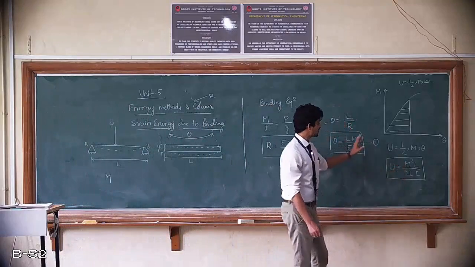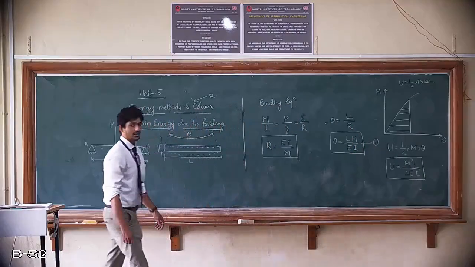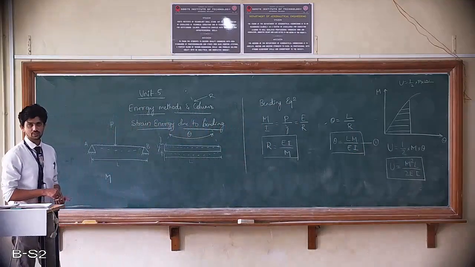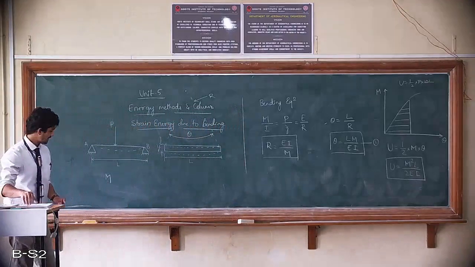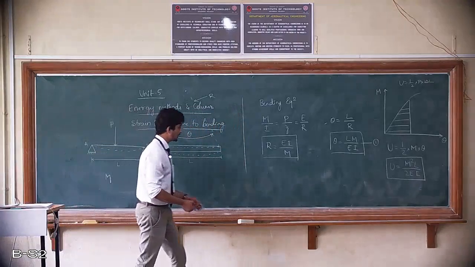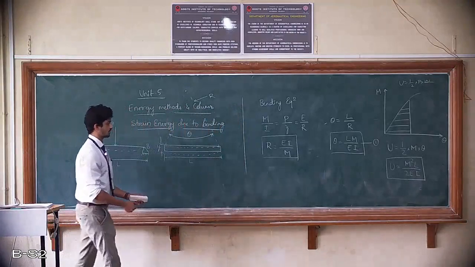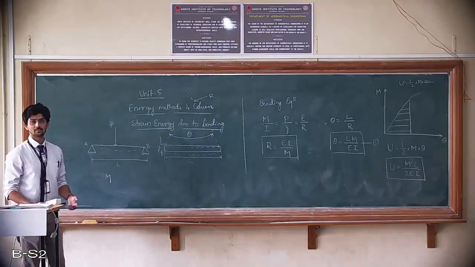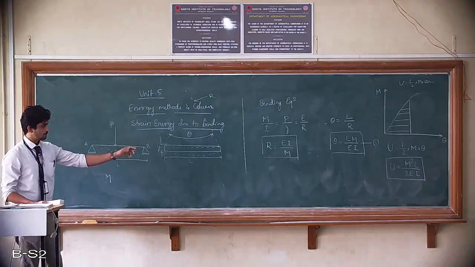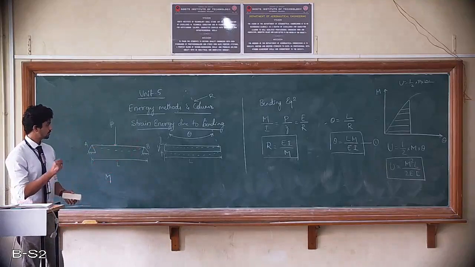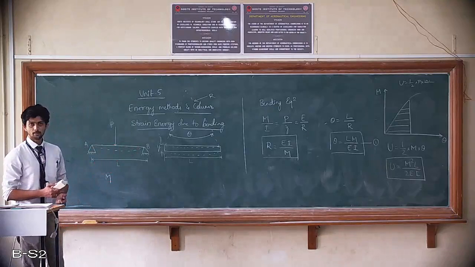Now, this is a generic form of the strain energy equation due to bending. But if the moment is varying, if it is not constant, or if we are not allowed to take the maximum bending moment in that equation, then we should specifically deduce the strain energy due to bending.